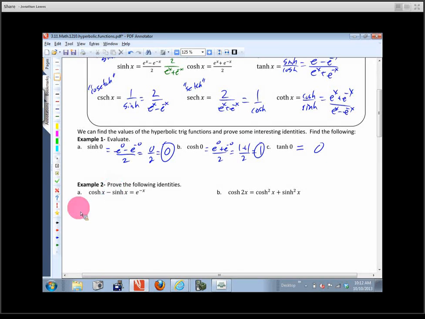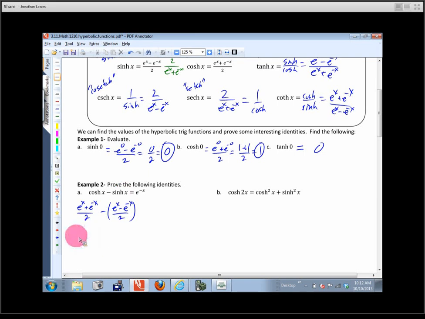So this is going to be e to the x plus e to the negative x all over 2 minus, this is e to the x minus e to the negative x all over 2. And we want to see if we can make it equal e to the negative x. Well, let's take this and let's do a couple things with it. Let's break apart the fractions. Or I suppose if we had a common denominator, you could do it that way.